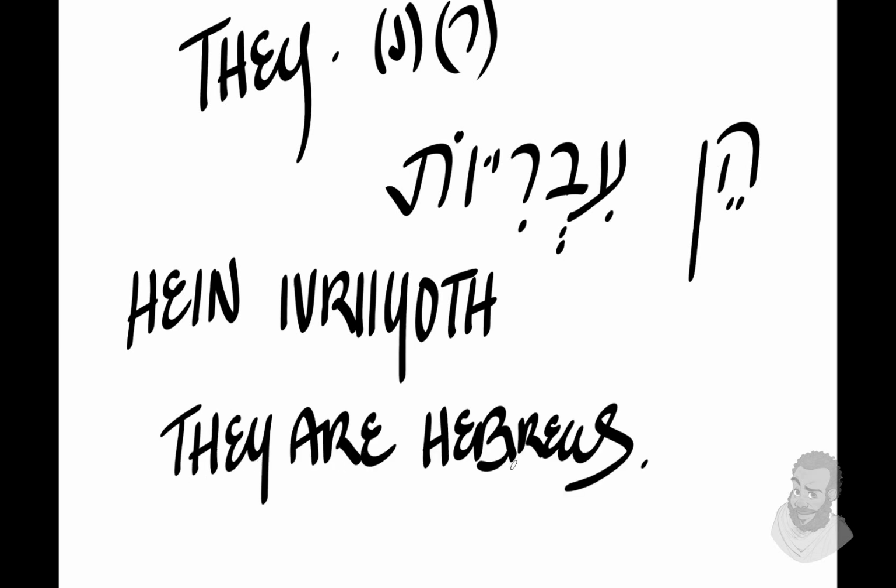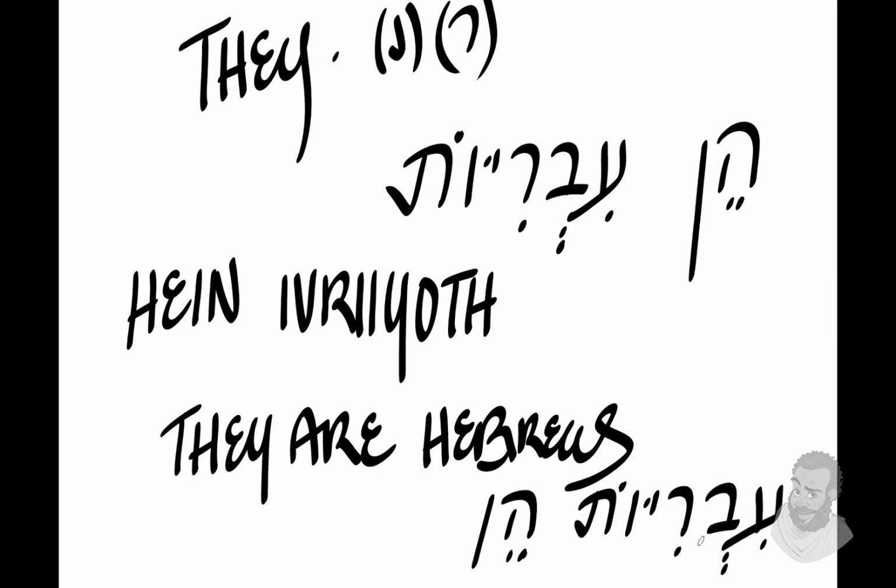They are Hebrews. I might have to pause this every time I write. So they are Hebrews. Hin Ivriyoth. You can switch it and put Ivriyoth hin. Okay? Hin Ivriyoth, Ivriyoth hin.